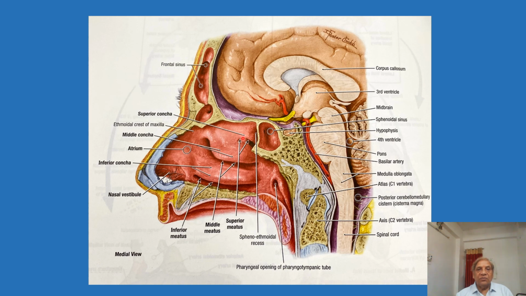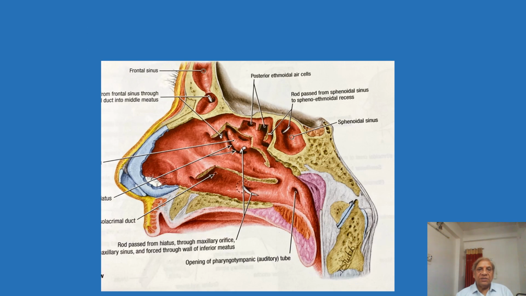Now I will tell you what openings of the paranasal air sinuses we see in the lateral wall of the nose after cutting the nasal concha. Here we have cut the superior concha, middle concha and inferior concha, and all these spaces deep to them are the meatuses.